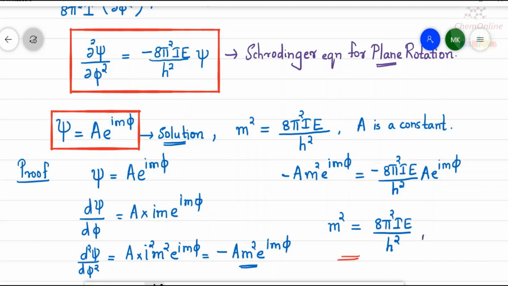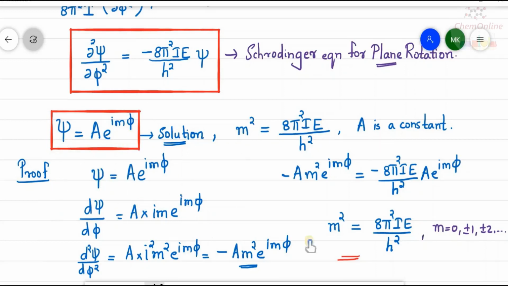And the possible values of m are m equals 0, plus or minus 1, plus or minus 2, plus or minus 3, etc. So thus we have proved that the solution for the Schrodinger equation dou square xi by dou phi square equals minus 8 pi square IE by h square into xi is xi equals a e raised to i m phi, provided m square equals 8 pi square IE by h square and a is a constant.